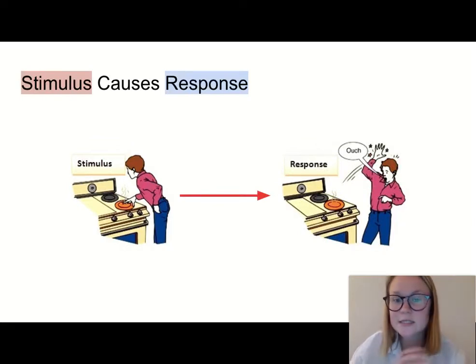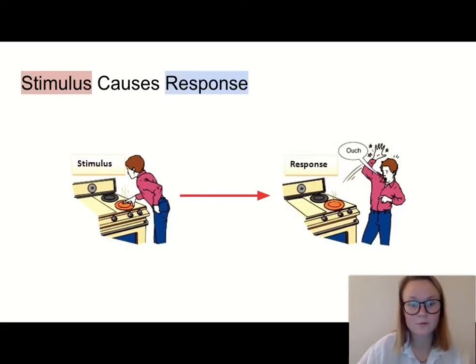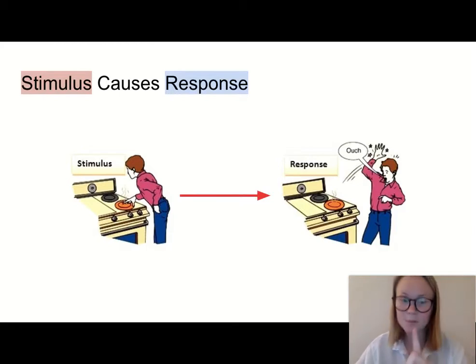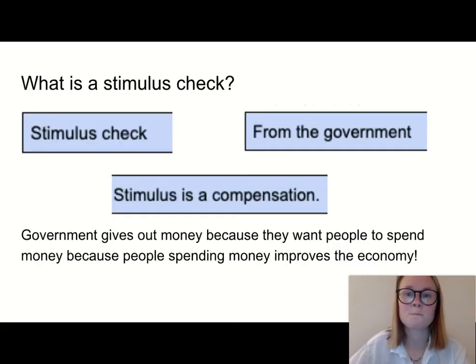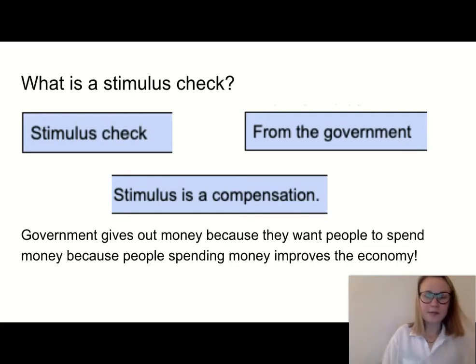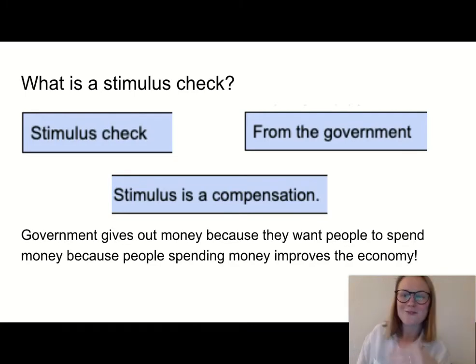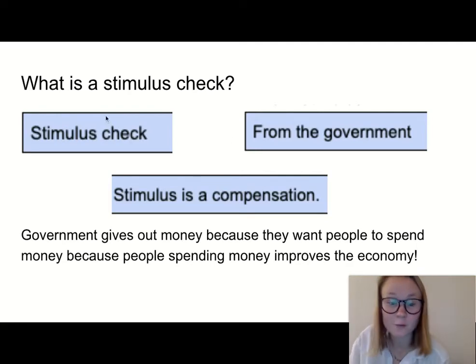In general, a stimulus always causes the response. So the stimulus comes first, and then the response is the reaction to whatever that stimulus was. This is the part that I think tripped a lot of us up when we were doing this assignment, the word stimulus check. So I saw a lot of answers like this for what is a stimulus.